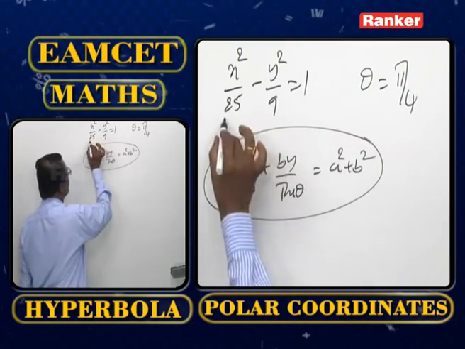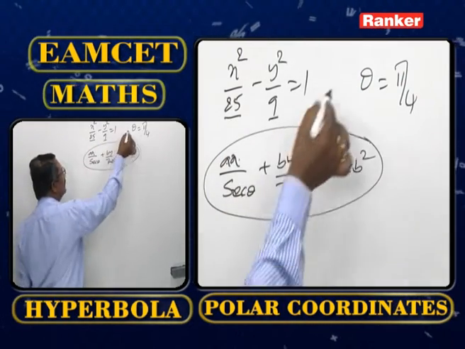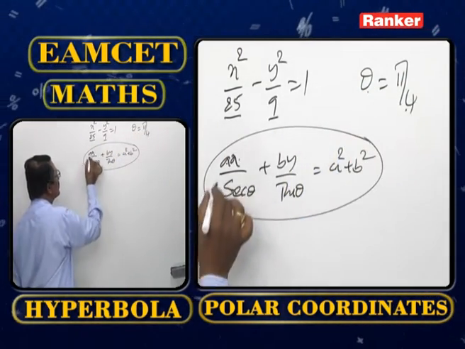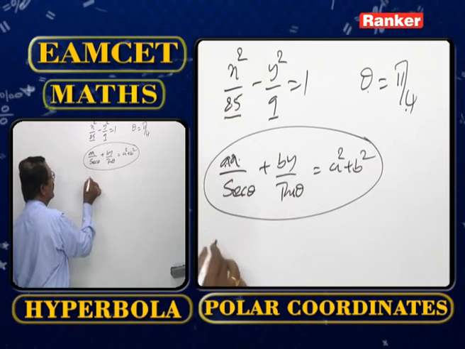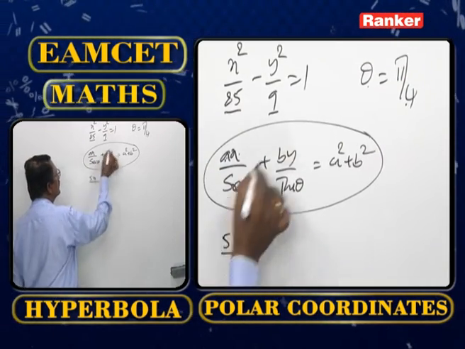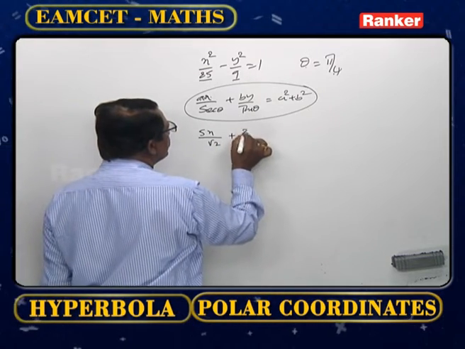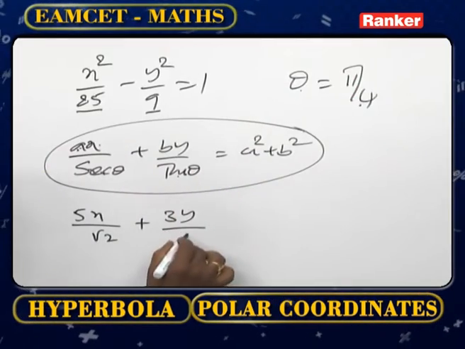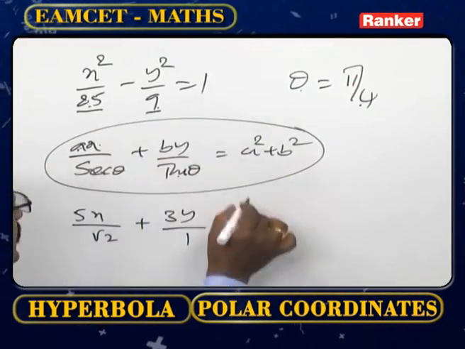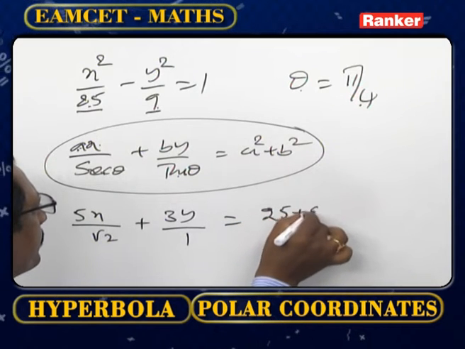Now here a square equals 25, b square equals 9 and theta equals pi by 4. Substituting a equals 5, x by secant 45, root 2, plus b equals 3 into y by tan 45, 1, equals a square plus b square, 25 plus 9.